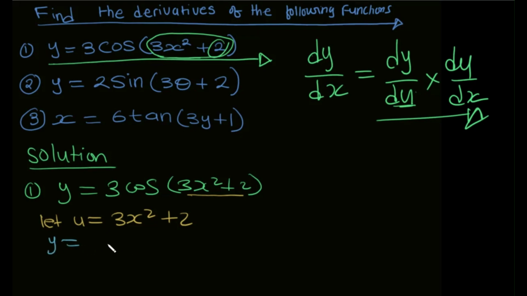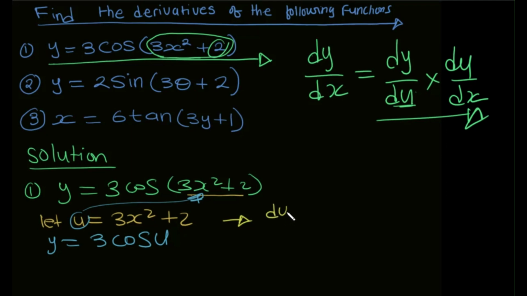That's our u. Therefore, we can rewrite the function y as 3 cos and bring in u where 3x squared plus 2 is, so this becomes 3 cos u. Second step, differentiate. Let's differentiate 3x squared plus 2.